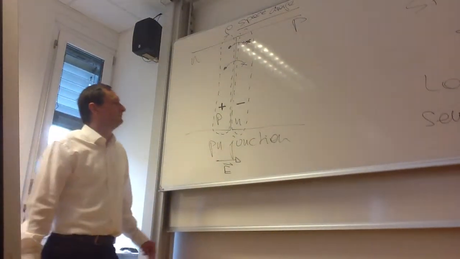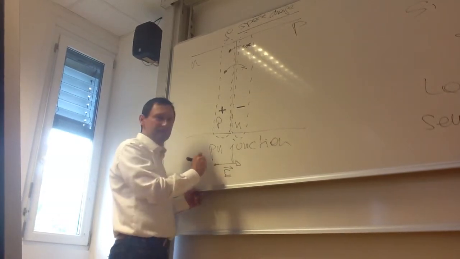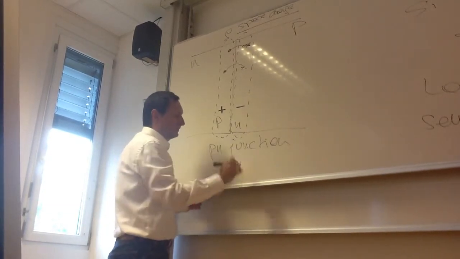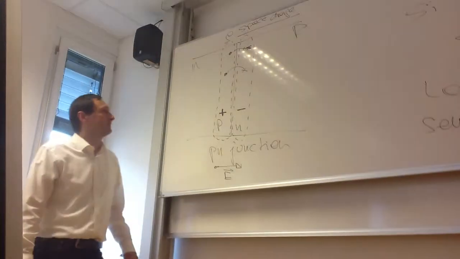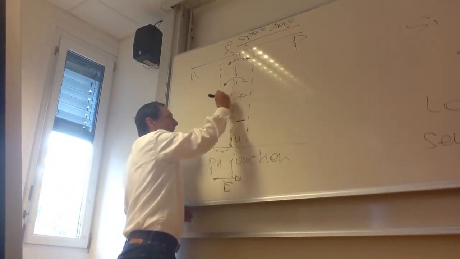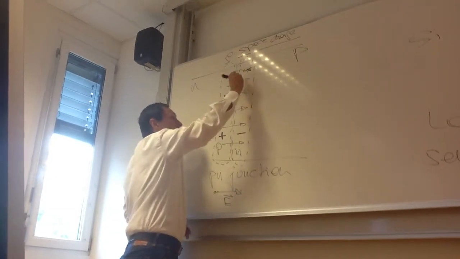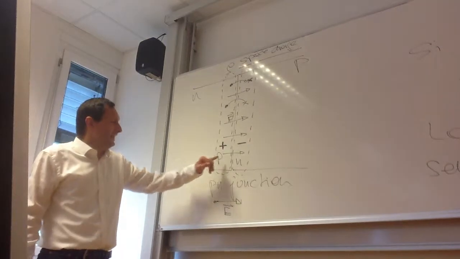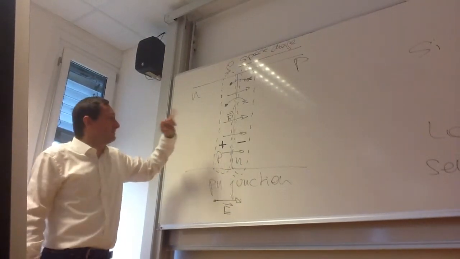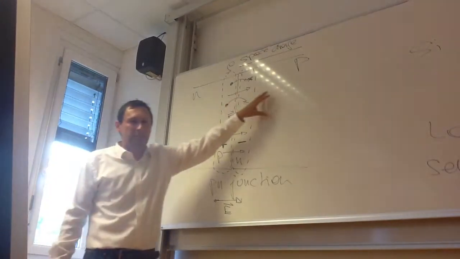Positive, that's where the field vector starts. Negative, that's where the field vector ends. So that means we have an electric field across our junction. And this electric field finally stops the diffusion of the electrons from the N side to the P side.